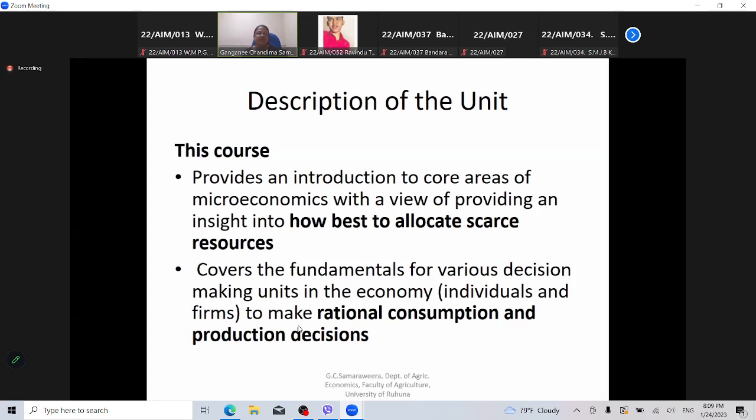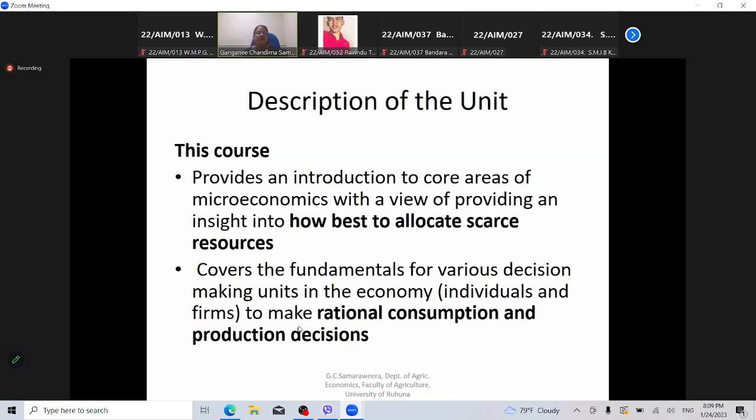Now we will see briefly the aim of this course: provide the introduction of these core areas or main areas of microeconomics with a view of providing insights into how best to allocate scarce resources, how to allocate these resources.